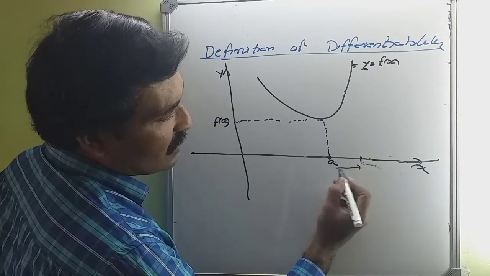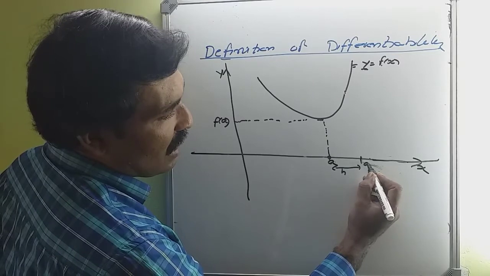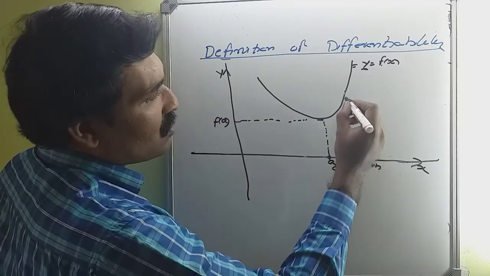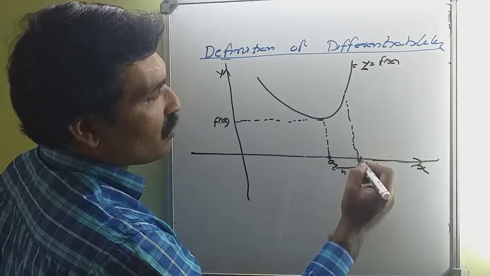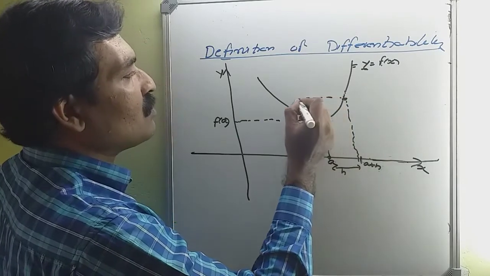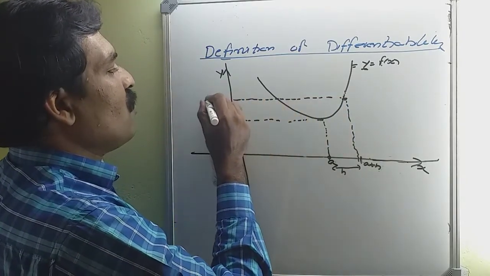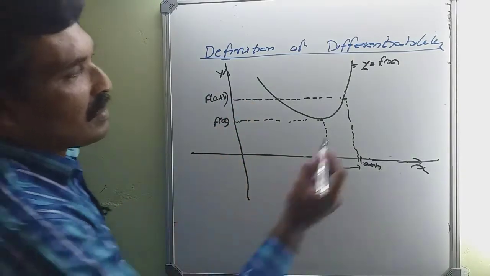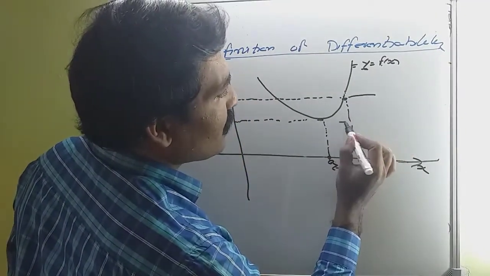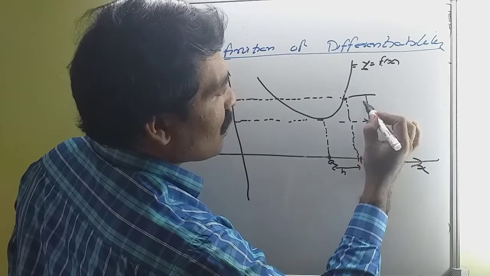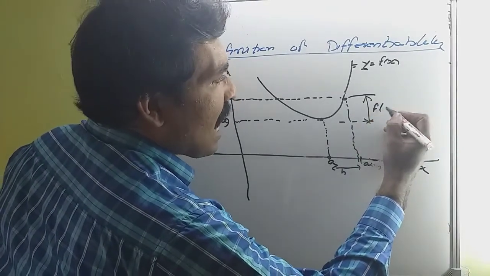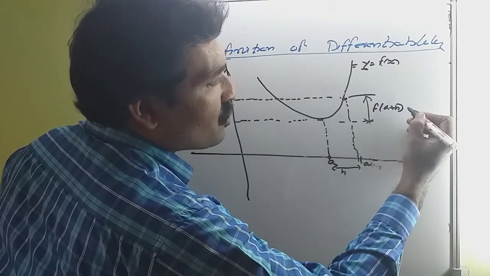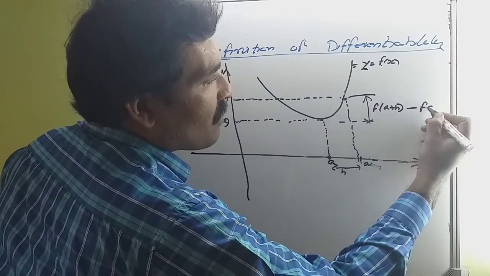Consider a point at a distance h from a. So this distance is h, and this is a plus h. What is the value of the function at this point? This is equal to f of a plus h. Then the difference in height between these two points is f of a plus h minus f of a.